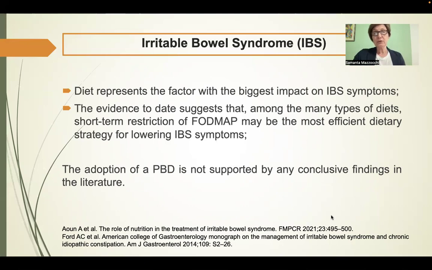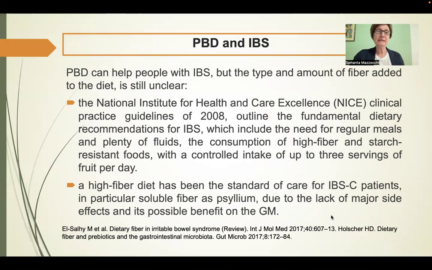The adoption of a PBD is not supported by any conclusive findings in the literature. But PBD can help people with IBS, though the type and amount of fiber added to the diet is still unclear.